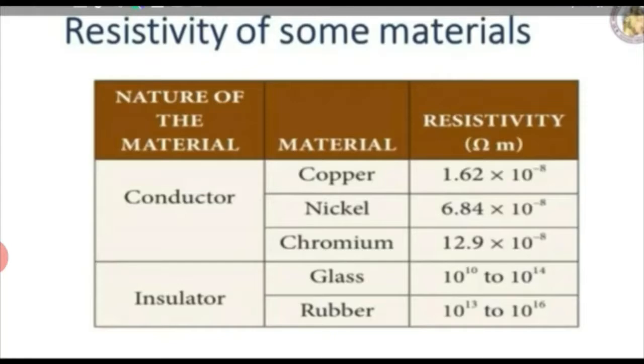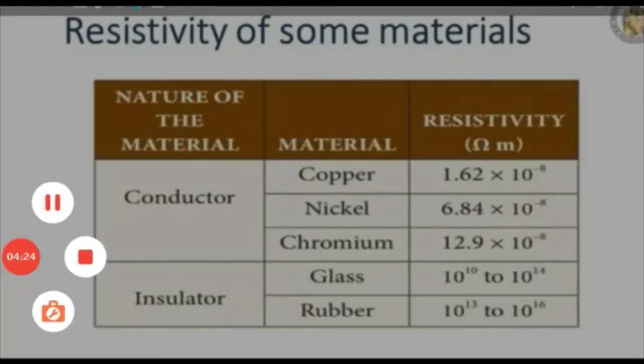For chromium, 12.9 into 10 to the power minus 8. For insulators, the materials given are glass and rubber. For glass, the resistivity is 10 power 10 to 10 power 14. For rubber, 10 power 13 to 10 power 16.